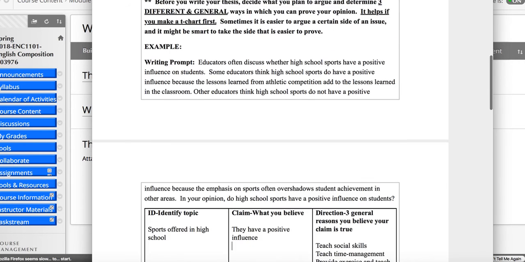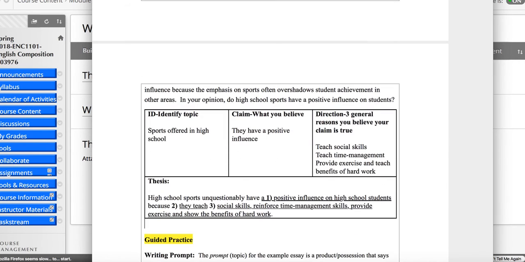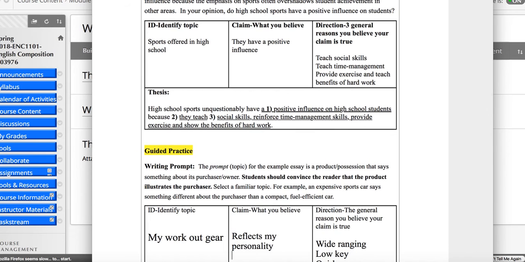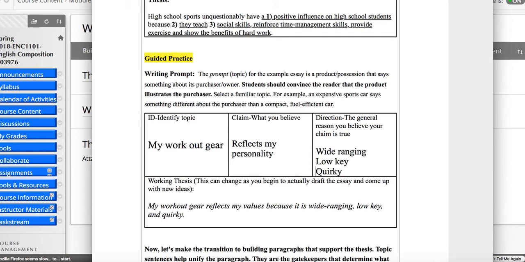There's a whole lot of information here, but I want to fast forward to this one prompt. Your practice paragraph is on a product that reveals something about yourself. So for me, my topic would be my workout gear. My claim, what I believe, is that it reflects my personality or my values.